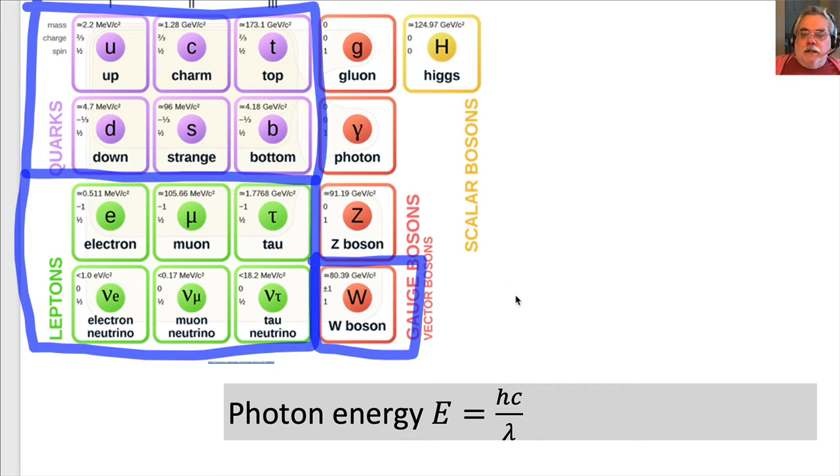The W boson is 2 particles, W plus and W minus, antiparticles to one another, but it's always shown as one cell in this diagram. The weak interaction changes the flavor of quarks and leptons. We will see examples of this.